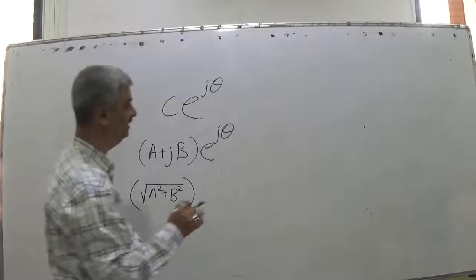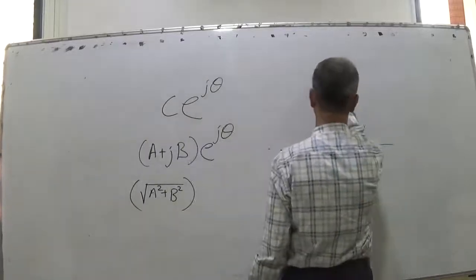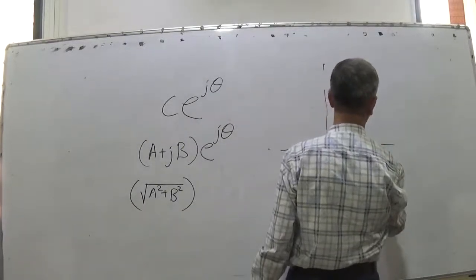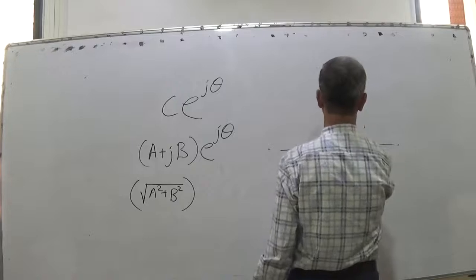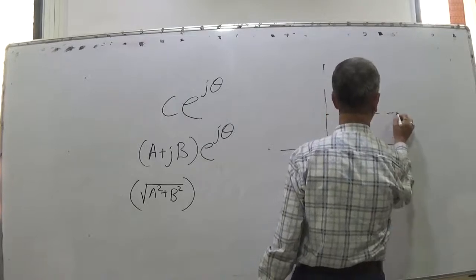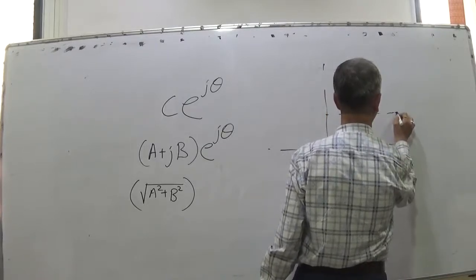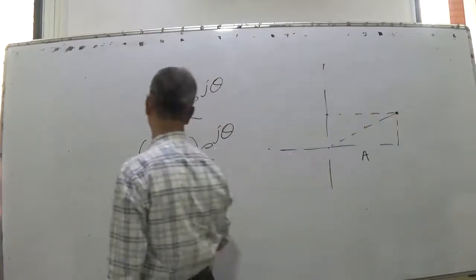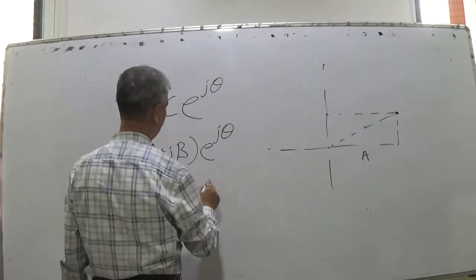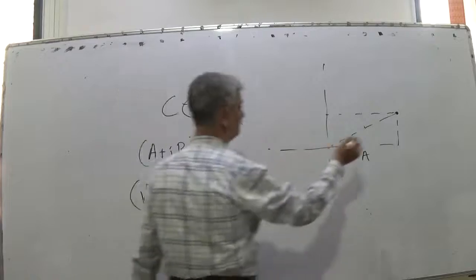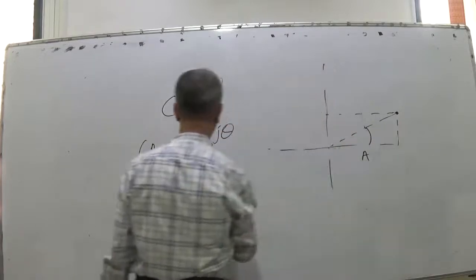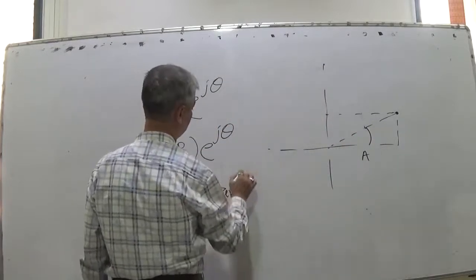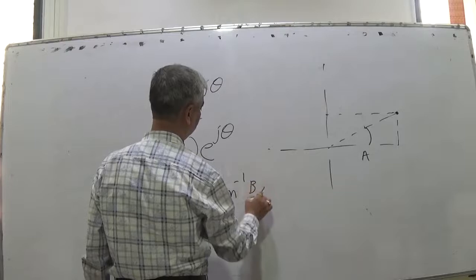What is A plus jB? A plus jB is this point. This is A, this is B. So A plus jB is this point, with magnitude square root of A squared plus B squared and angle tan inverse of B upon A.